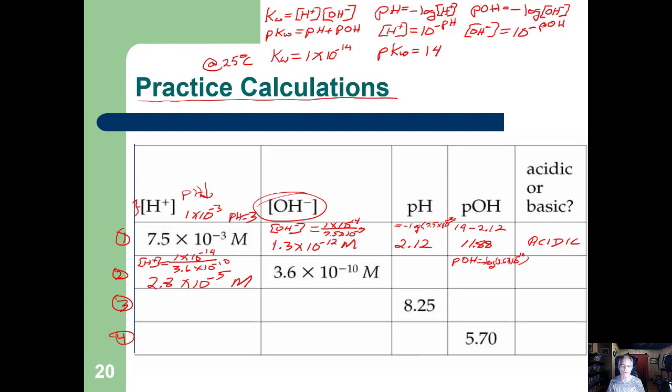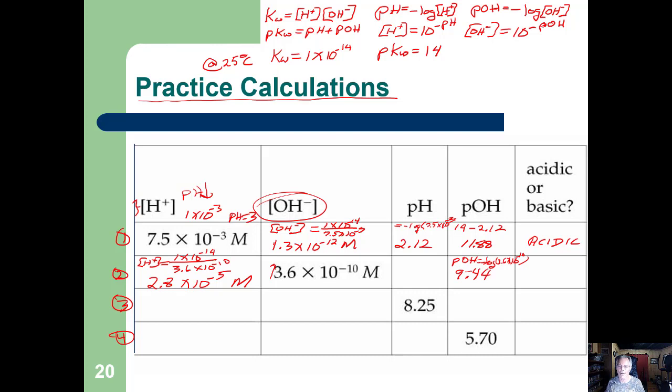And you can make the prediction that the pOH is going to be less than 10, because if it were 1 times 10 to the minus 10, the pOH would be 10. But it's slightly higher than that. And it looks like 9.44. So our pOH is 9.44.